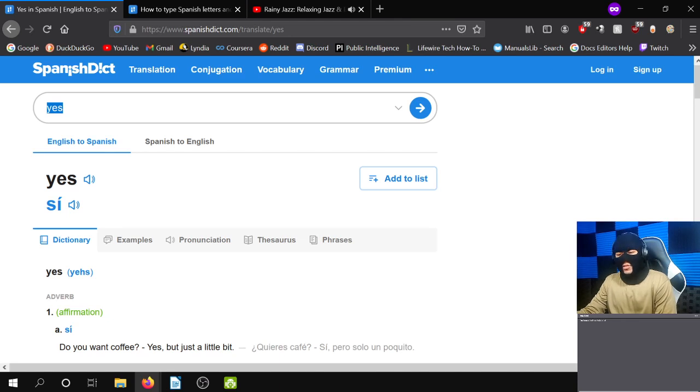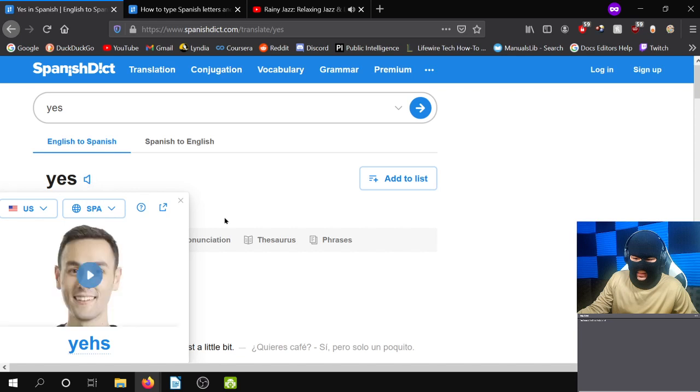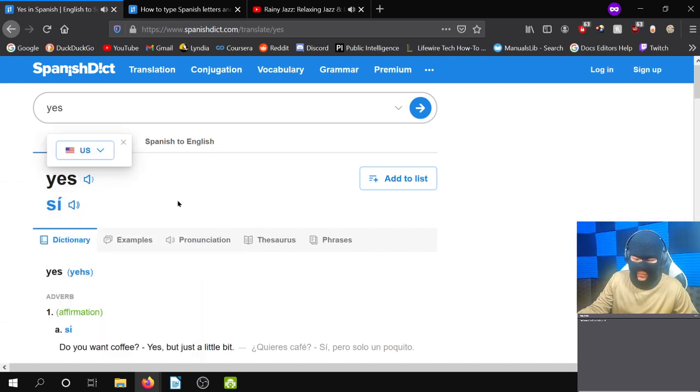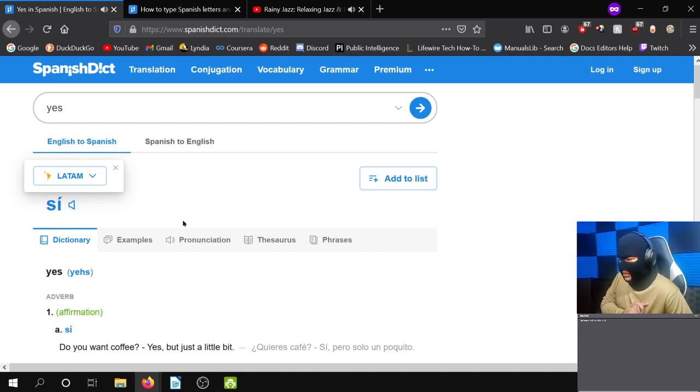Now onwards to just back to yes, which is sí. So this is an English phrase. Yes. Now sí. Yes in Spanish is sí. Sí is yes.